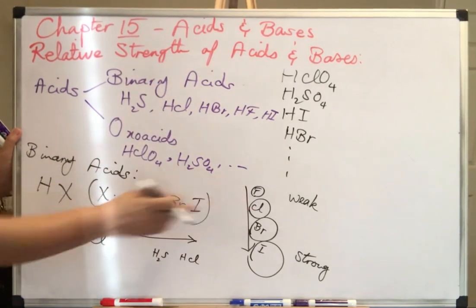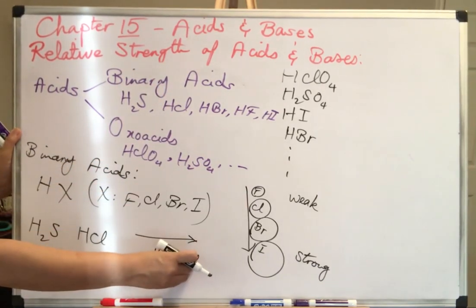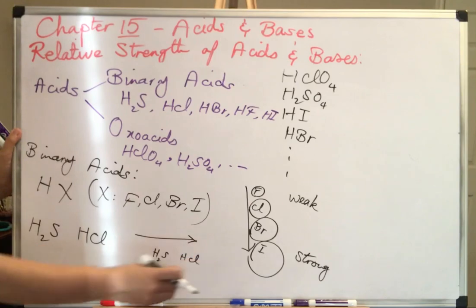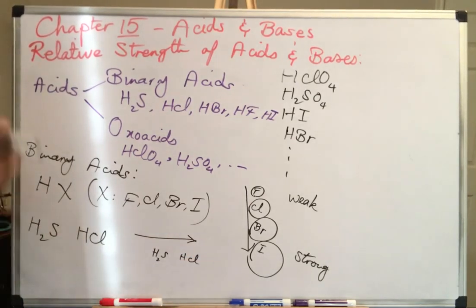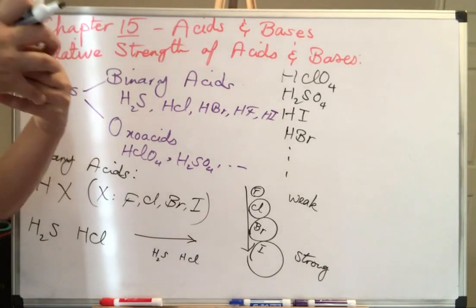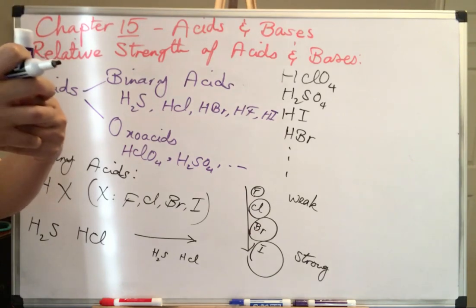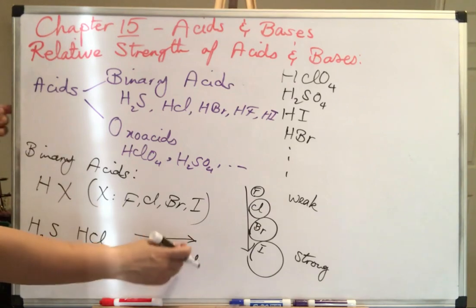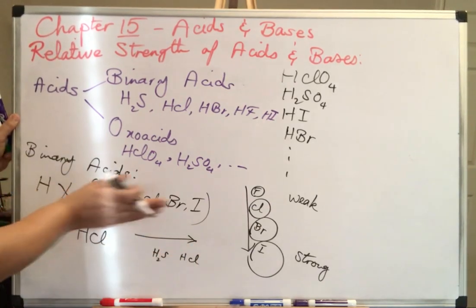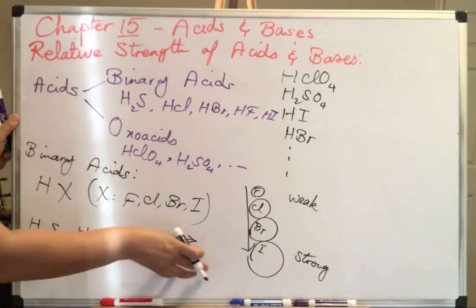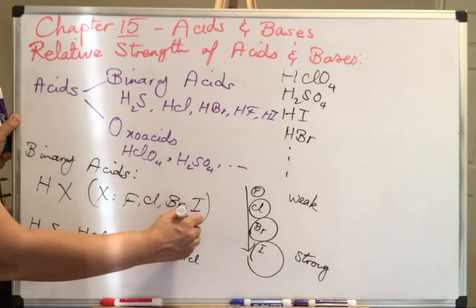So from left to right, what happens? Electronegativity of the nonmetal increases. When electronegativity increases, it pulls the shared electrons in the covalent bond more strongly towards itself, and the hydrogen will be released faster. So from left to right, electronegativity increases, and we're going towards stronger acids.